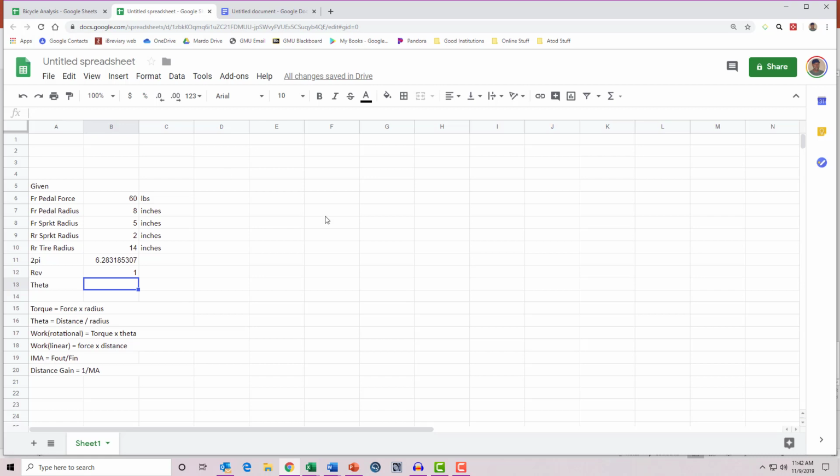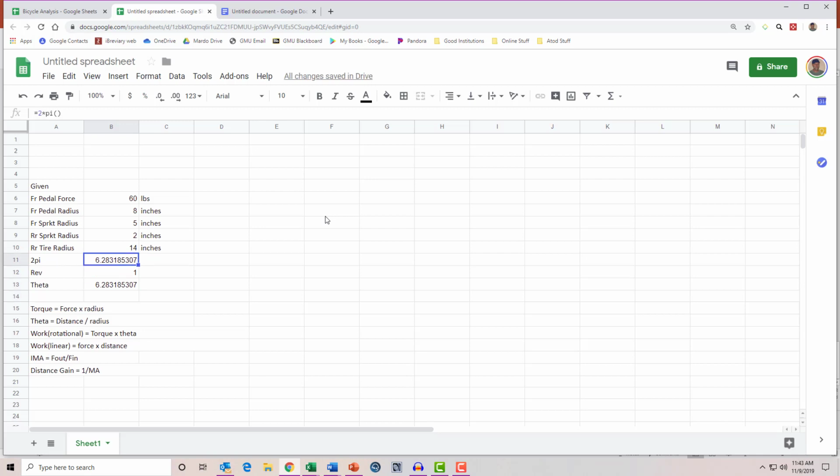In this cell, I'm going to multiply 2 pi times 1. In this cell, I can either start off a mathematical operation with the equal sign or the plus sign or the minus. So I'm going to say this equals this times, and then I come up here and say this, and then I get that number.